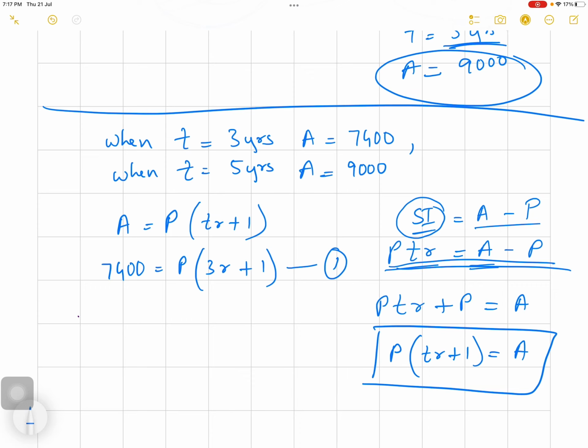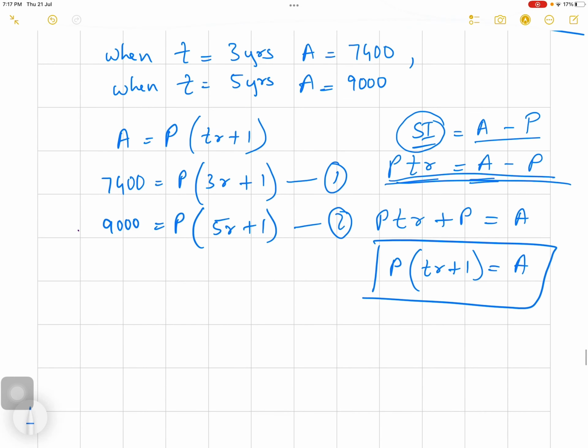The second equation will be: if A is 9,000, P is going to be the same, we don't know, T is 5, R we don't know, plus 1. So this is equation 2.